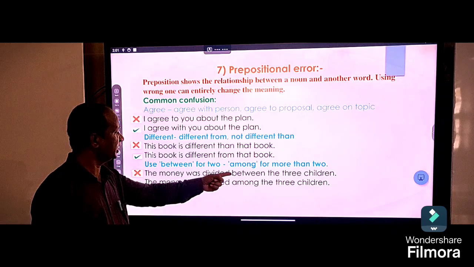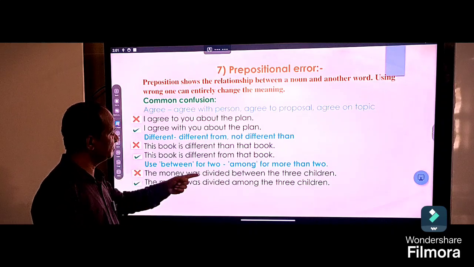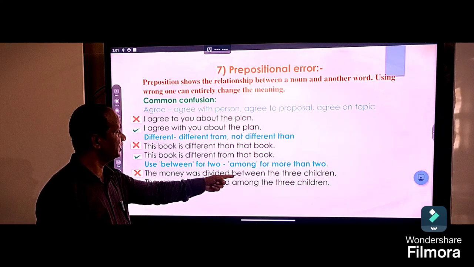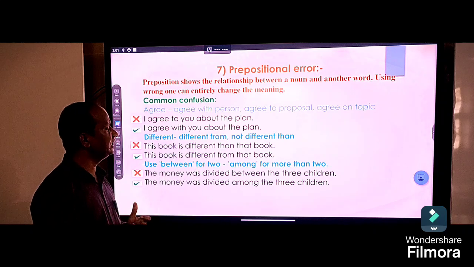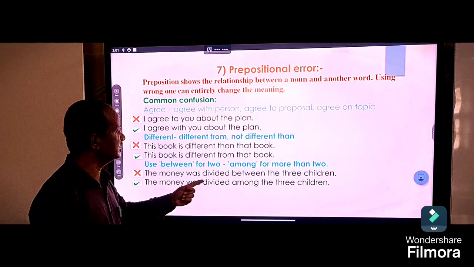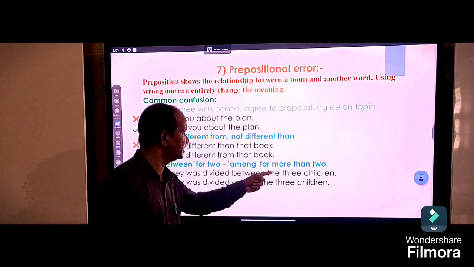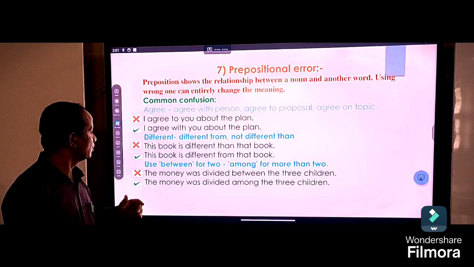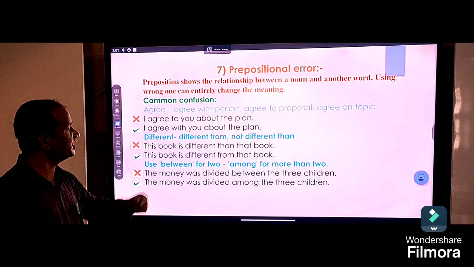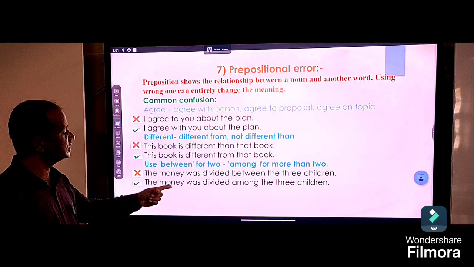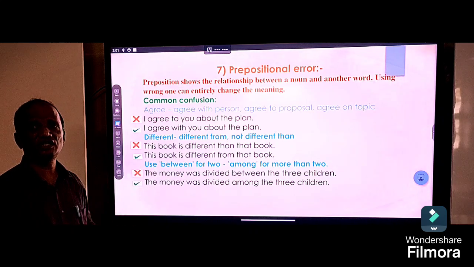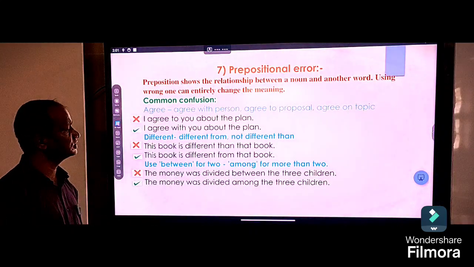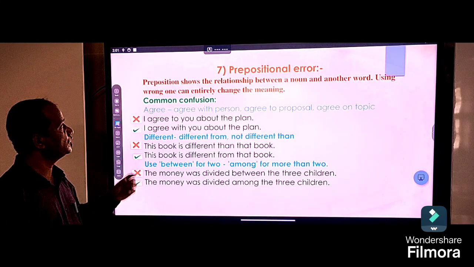The sentence is incorrect because between is used incorrectly here. The comparison is among three children, so we have to use among here. The money was divided among three children. It will be the correct statement.